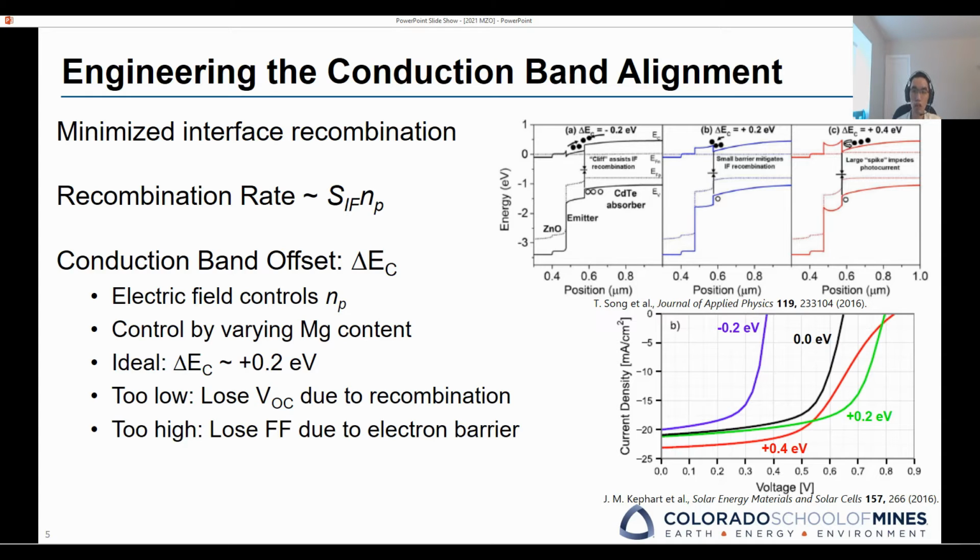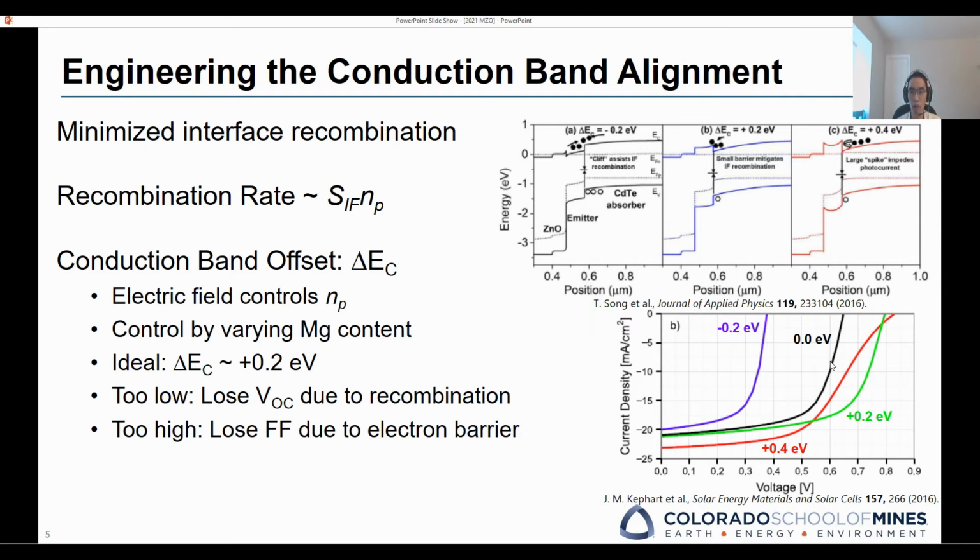An ideal conduction band offset has a 0.2 electron volt difference that reduces the hole accumulation at the interface and reduces the recombination. If the conduction band offset is too low, the holes will accumulate at the interface and increase the recombination. That will reduce the voltage in the JV curves, as shown in this purple and black line.